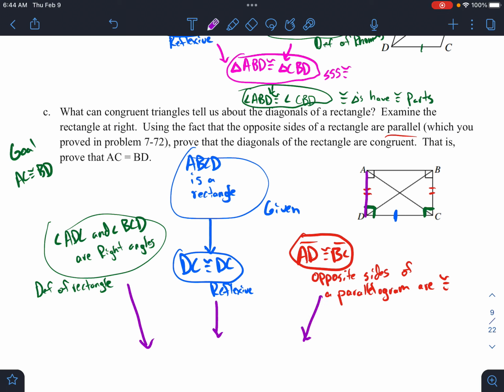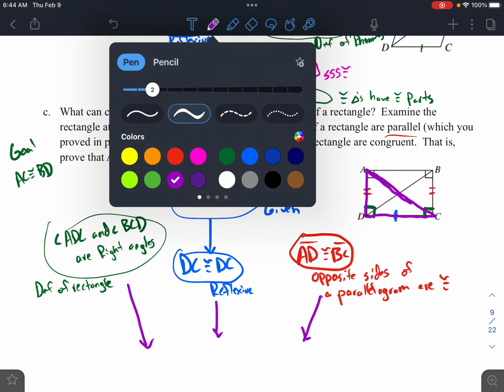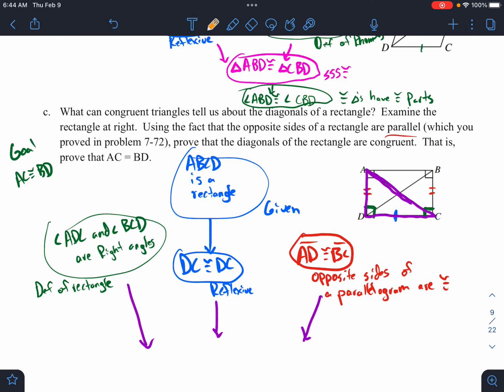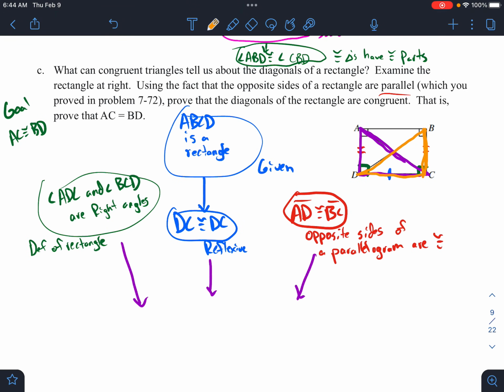I'm saying ADC, this one here, is congruent to BCD. So DC is my shared side. So we have our right angles. So I have triangle ADC is congruent to triangle BCD. Pause here, see if you can tell why, or which of our shortcuts. This is side, angle, side congruency.